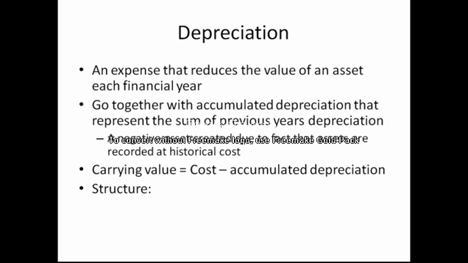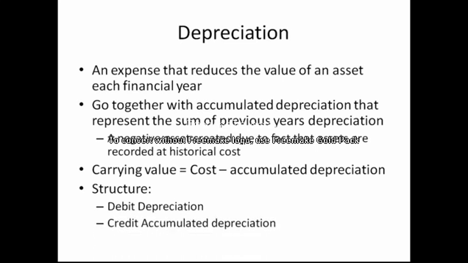So therefore we know we have to credit accumulated depreciation. We will have to debit therefore depreciation, which is in our expense account. And note, it is an expense where there's no outflow of money. It's simply a book entry that we record in our general journal.